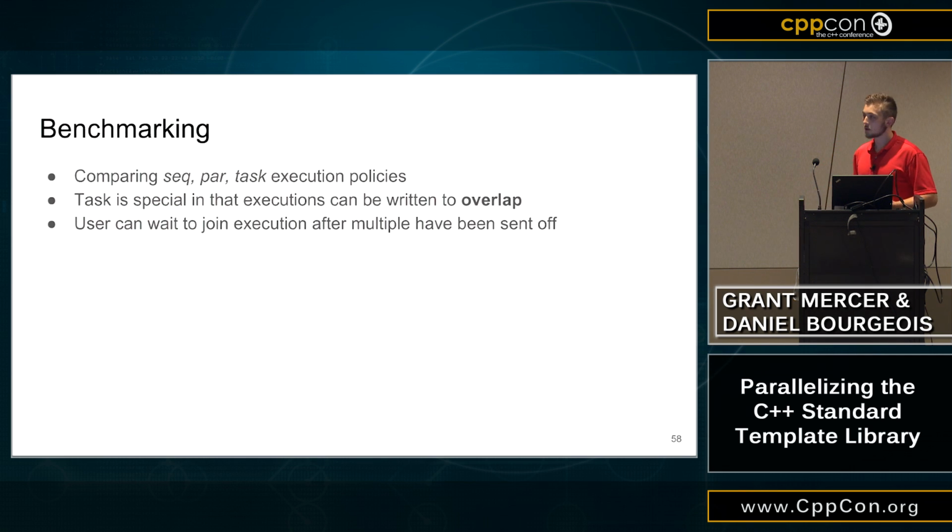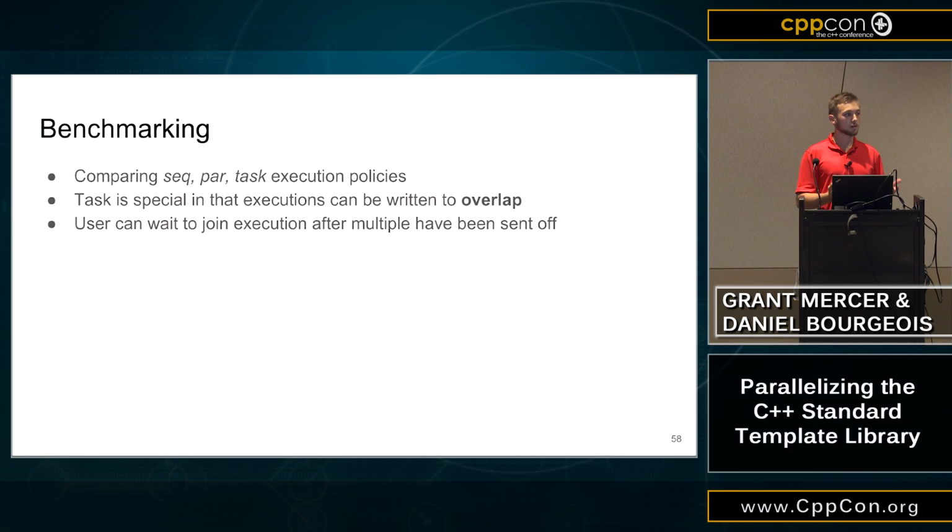So when we were benchmarking, we compared our sequential, parallel, and task execution policies. It's important to mention that with task, we could do something special. Because, as I mentioned, you can begin choosing when you want to join up with the threads with task, we could overlap our executions.